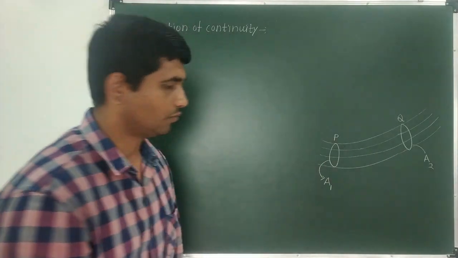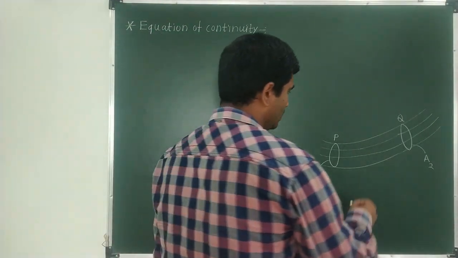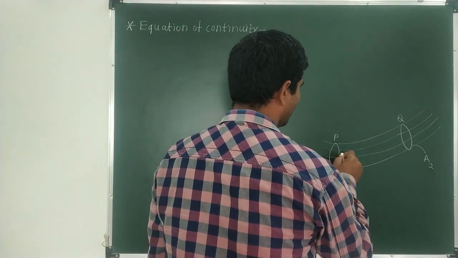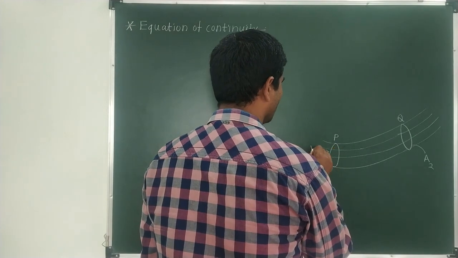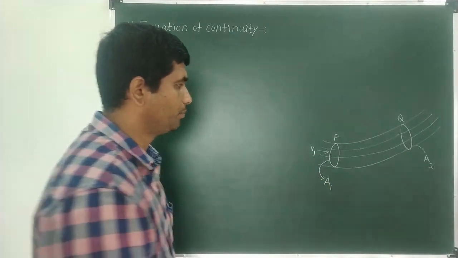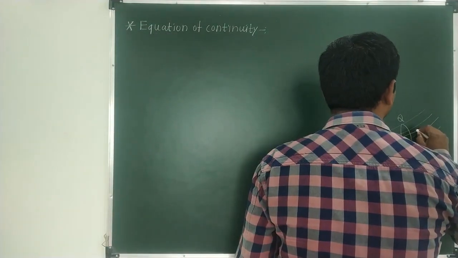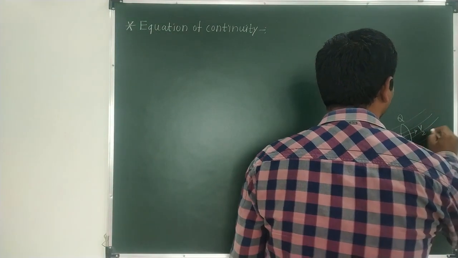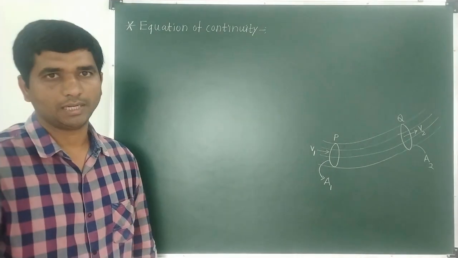We will assume that V1 is the velocity of the liquid at point P, and V2 is the velocity of the liquid at point Q.